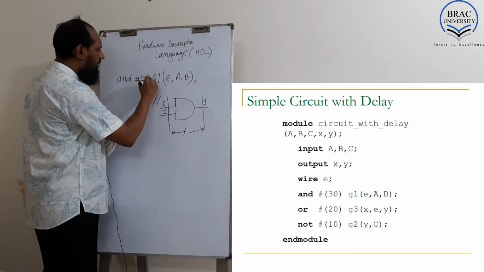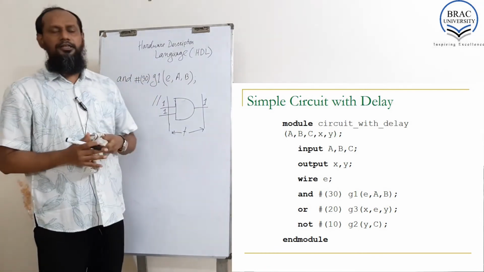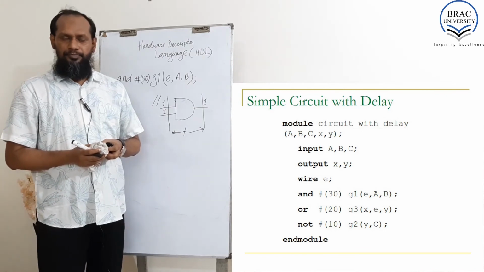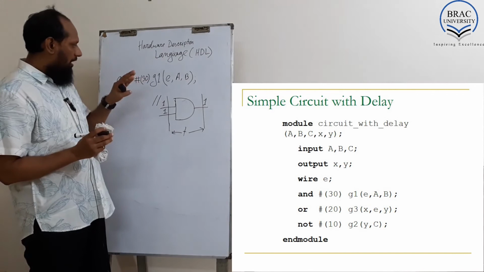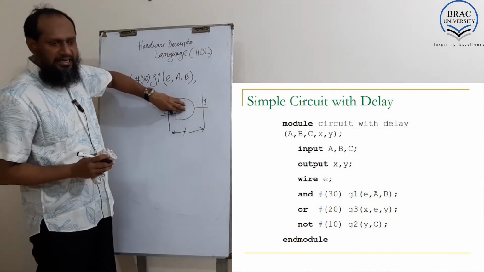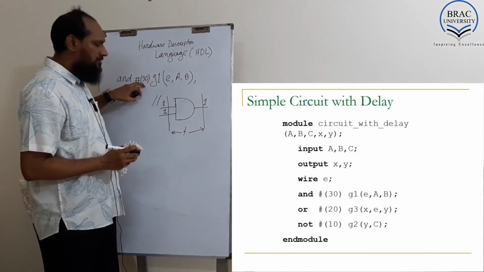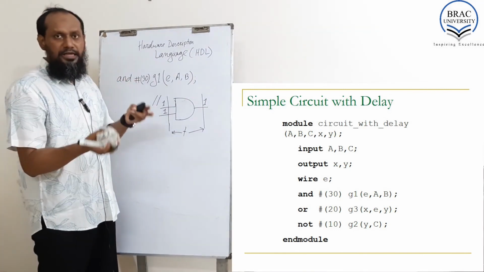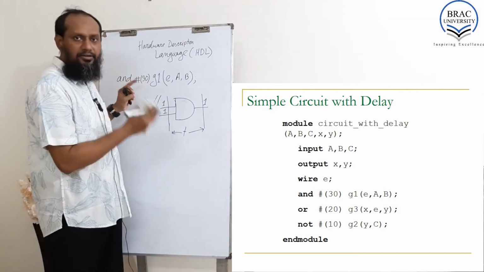nanoseconds for G1, then in the brackets we write the delay. That means this AND gate requires 30 nanoseconds, and the unit is nanoseconds. Whatever I write here, the unit is nanoseconds.